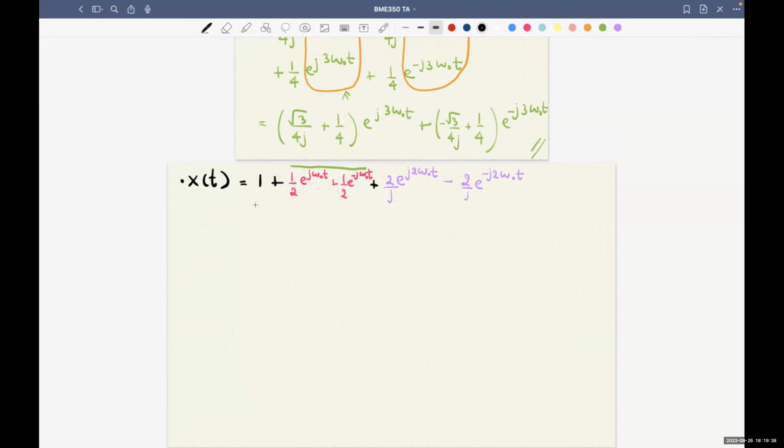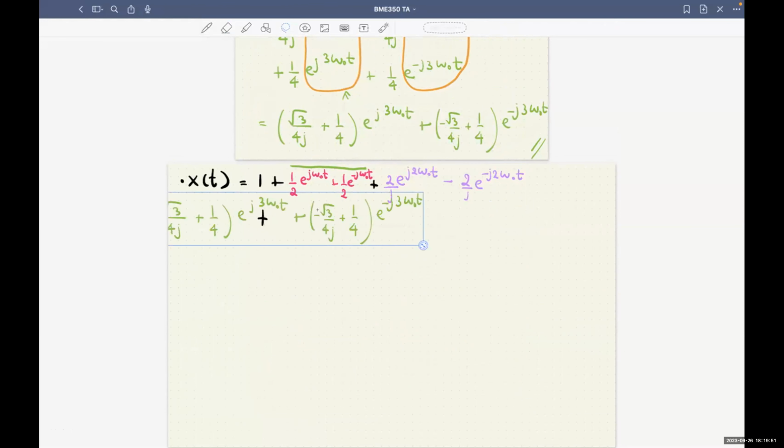And for our last term, we got this chunk here. All right.